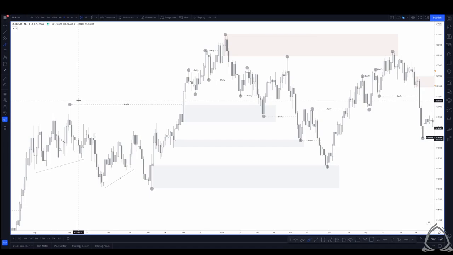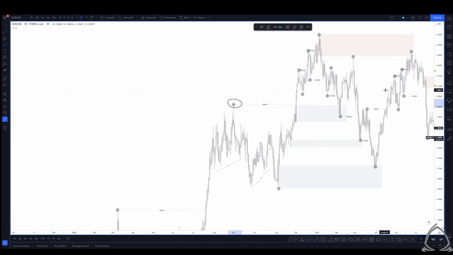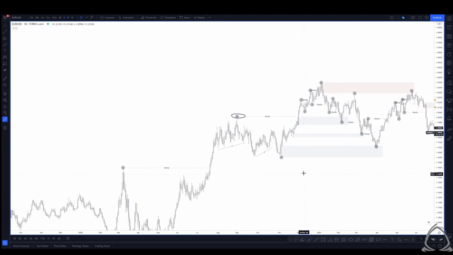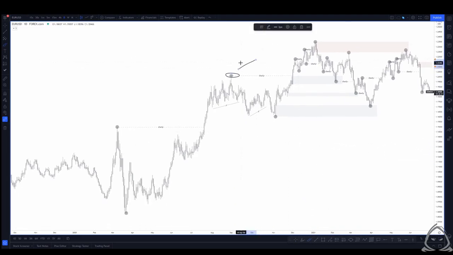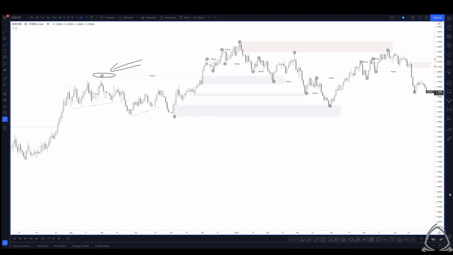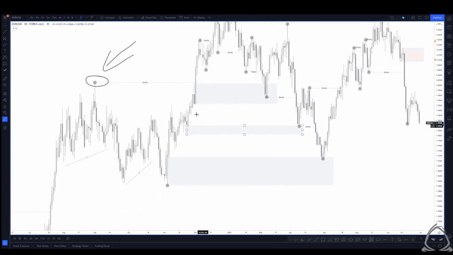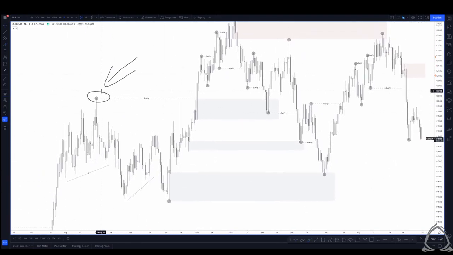When we zoom in, we have this high, and basically what we're looking for is price to either break this high, creating a higher high, which would then confirm that the bullish market structure is still present and that we're still in an uptrend, or break the previous low, printing a lower low. But as we can see, price does end up breaking this high, creating a higher high.